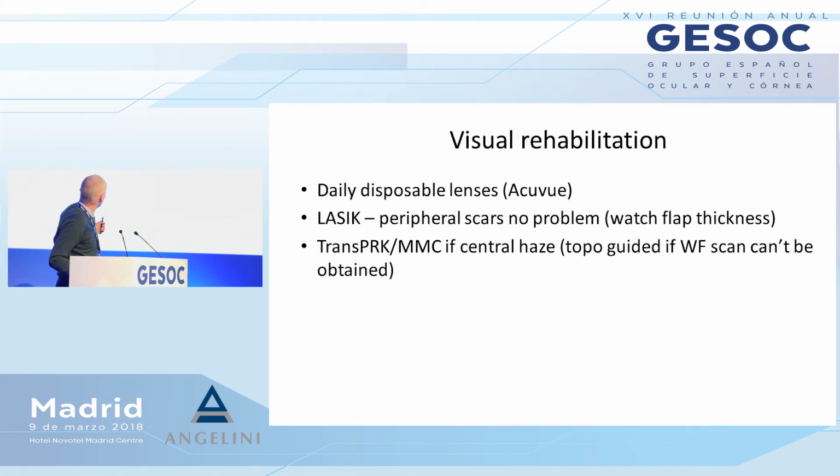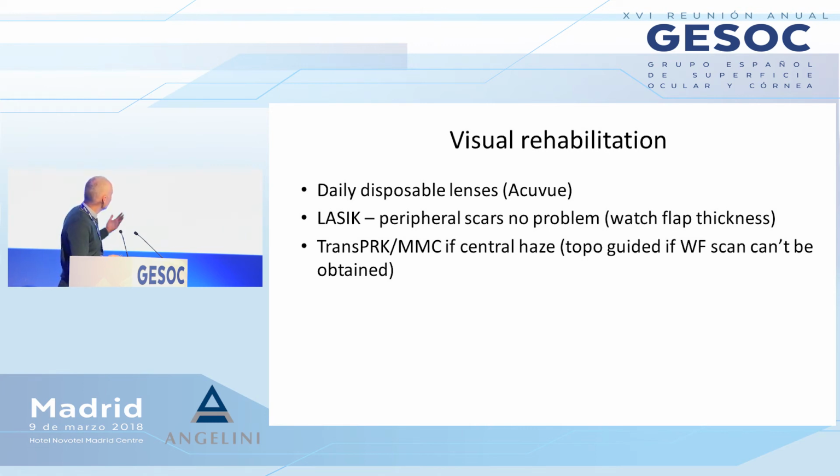So another point on laser visual rehabilitation is that many patients don't want to go back to contact lenses after an infection with contact lenses, and they assume that they're not suitable for laser eye surgery. In fact, they do very well with it. And if the scar is in the periphery, LASIK is no problem. If the scar is in the center, then we are looking at a surface treatment and looking at topographic or wavefront guidance.